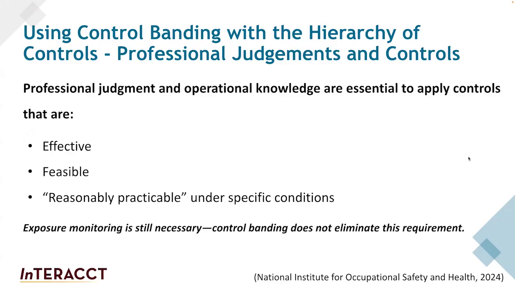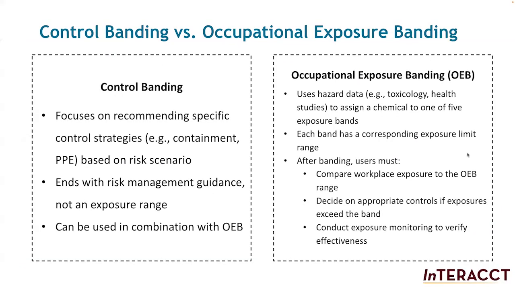Here, we compare control banding with occupational exposure banding, or OEB. Control banding focuses on recommending specific control strategies, such as containment or PPE, based on a particular risk scenario. It provides risk management guidance but does not define an exposure limit range.